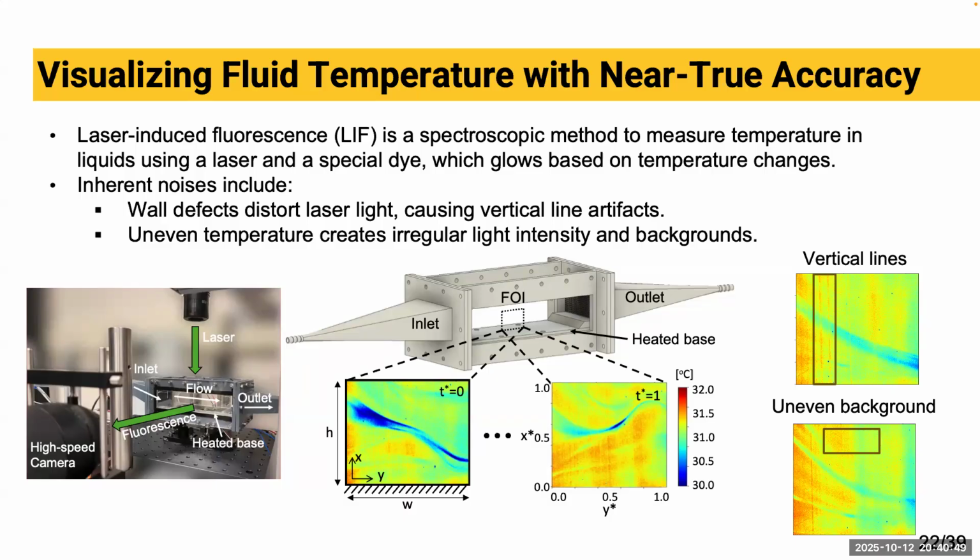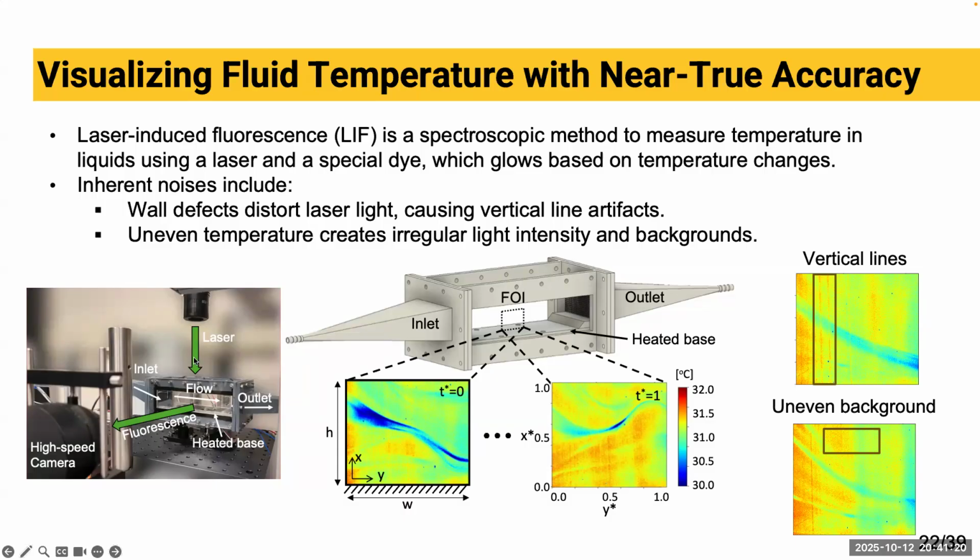However, in a real experimental environment, measuring temperature and concentration fields is likely to involve some errors. So let's take a look at our group's example. Again, we use laser-induced fluorescence to measure the temperature in fluid. However, you can create some wall defects, for example by creating scratches on the wall of your fluid system.